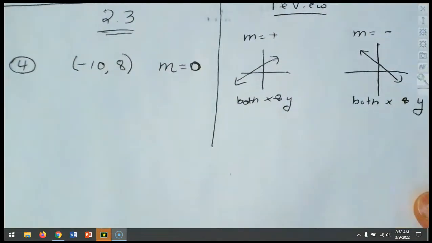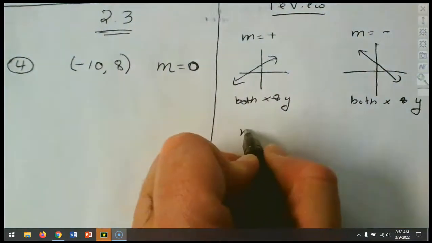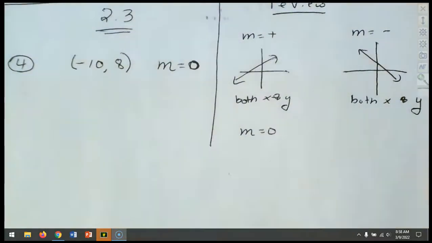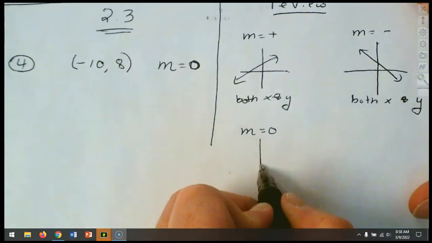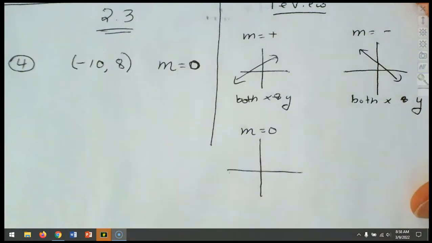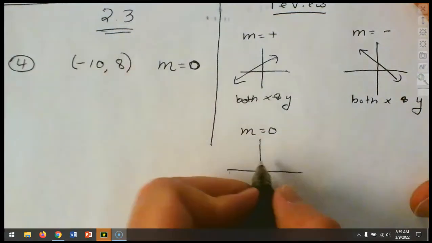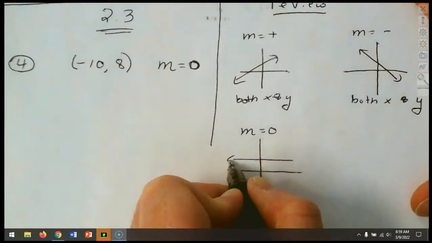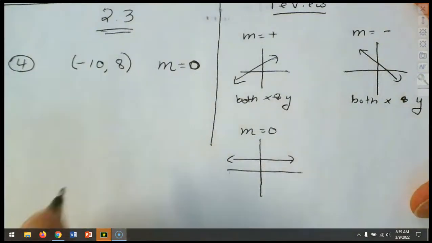If your slope is 0, remember, if your slope is 0, that is going to be a horizontal line, right? Undefined is vertical. 0 is a horizontal line. And it's a horizontal line, and it only has a y.